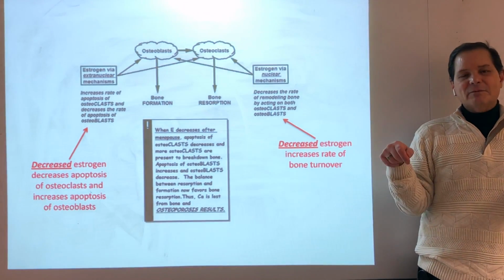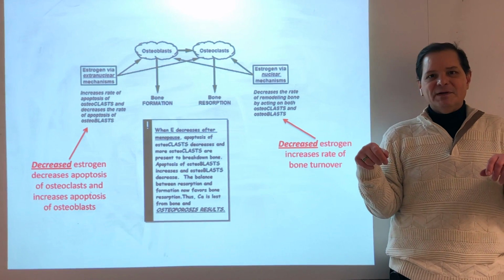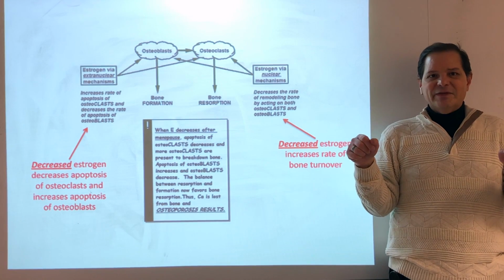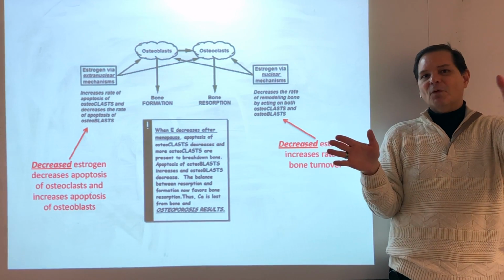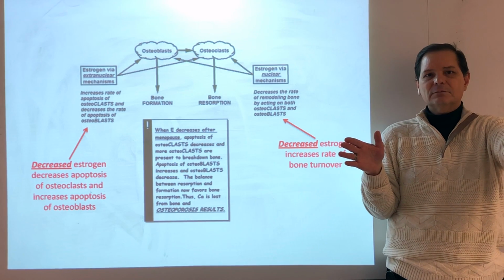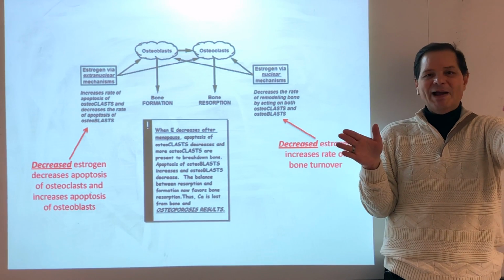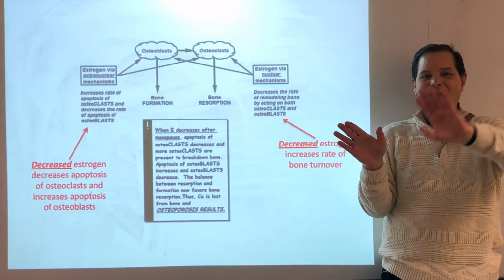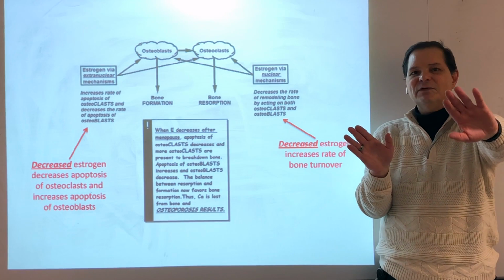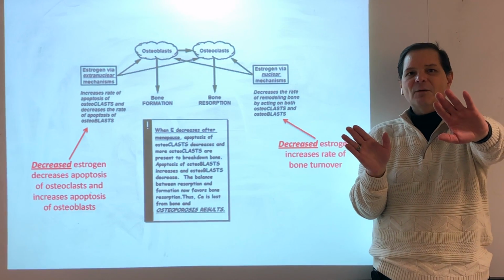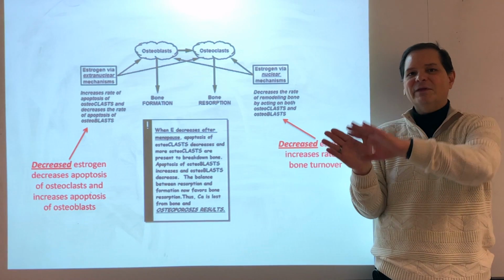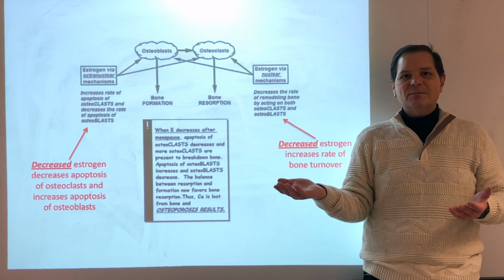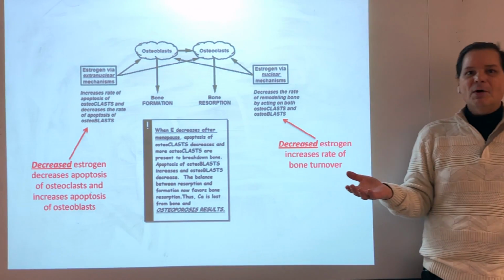And when you decrease the rate of bone turnover, generally speaking, physiologically, that means you're on balance producing more bone than you're breaking down. Remember way back in the first video, increased PTH, increased bone turnover, and on balance, you shifted toward osteoclastic activity and you were breaking down more bone. Estrogen and testosterone do the opposite. They decrease bone turnover, and in the process, the osteoblasts win, and you form more bone.